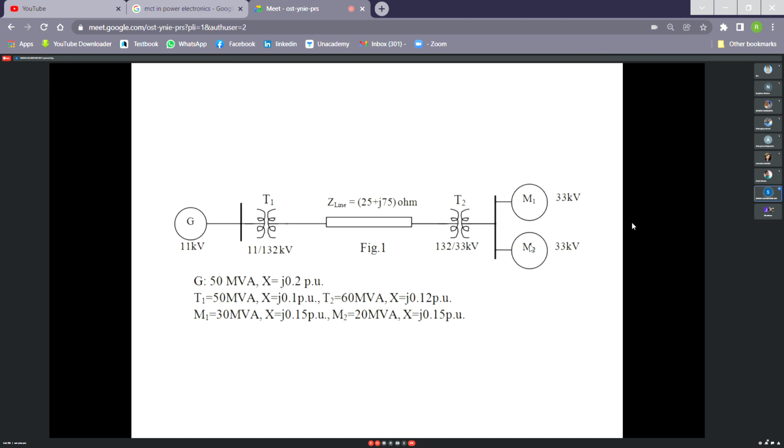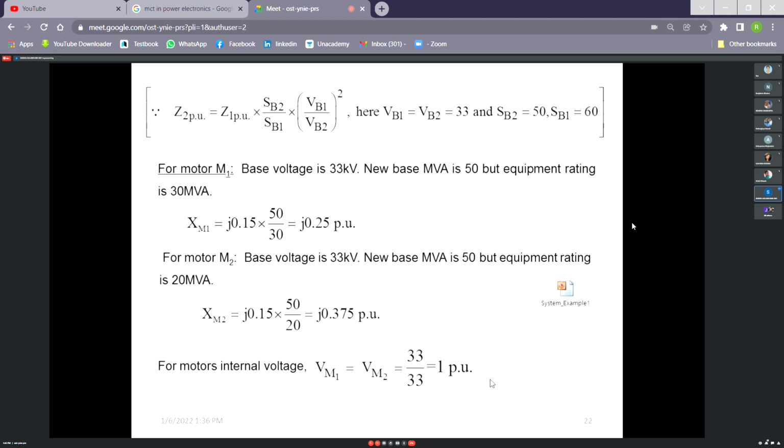If there is a short circuit at the terminal of an induction motor, no current will flow from it, because there is no induced EMF. But a synchronous motor will contribute. If an induction motor is there, it will behave as a transformer, a passive device. So the motor internal voltage is 1 per unit.